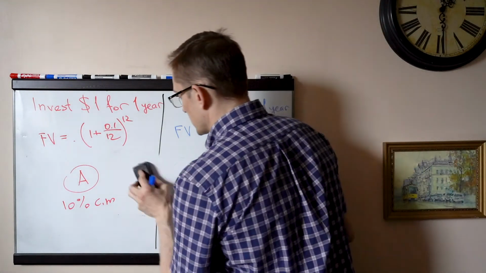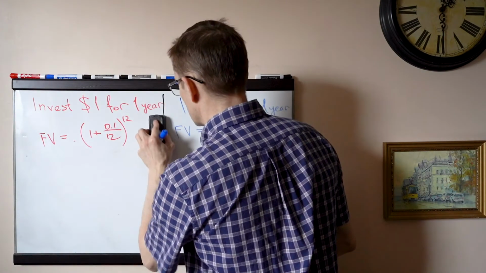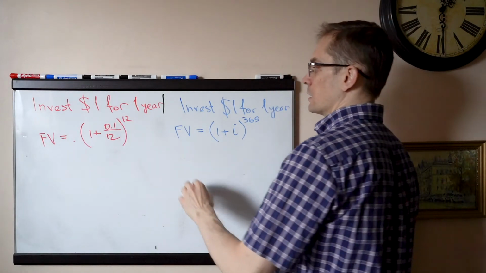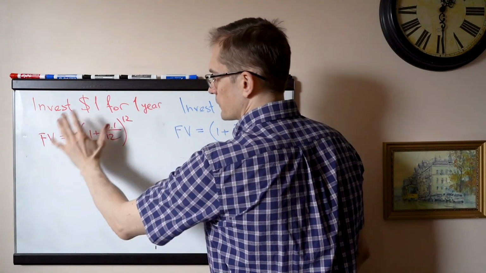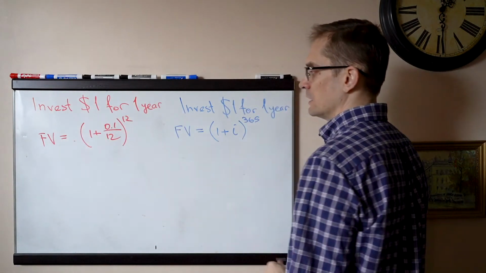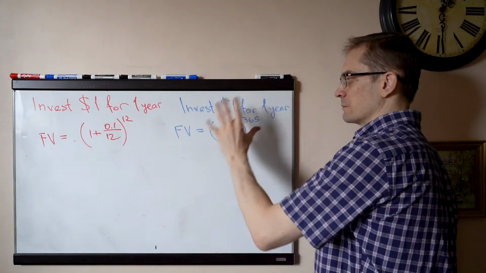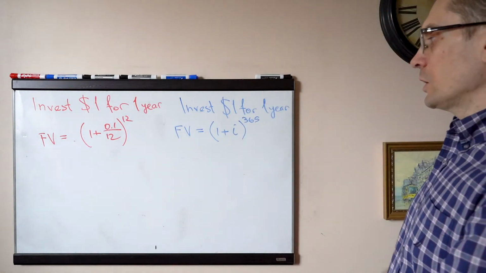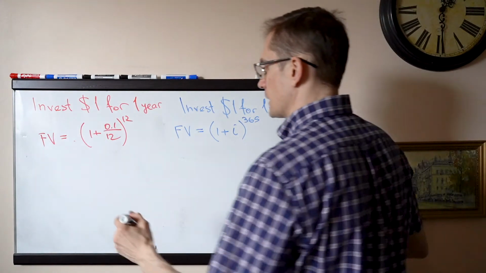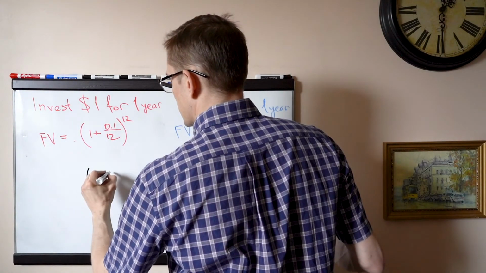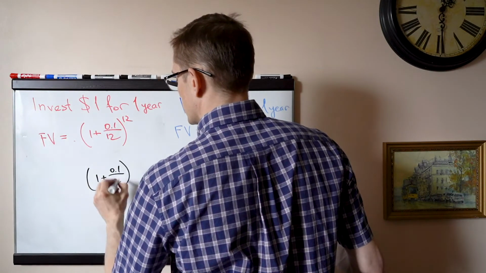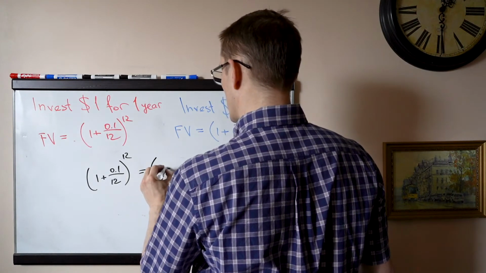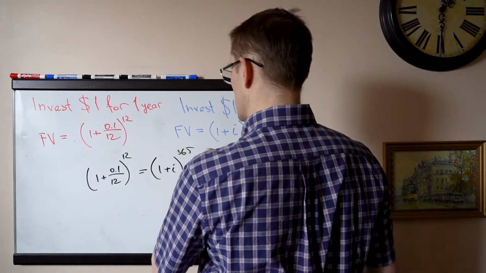Well, now I can remove this, and you can see that for this place of investment, which is A or red, to be equivalent to this place of investment, which is B and which is blue, it must be that 1 plus 0.1 divided by 12, I'll use the black marker, which will correspond to this part, will equal 1 plus I to the power 365, right?